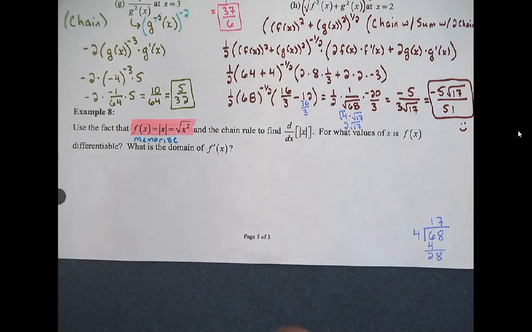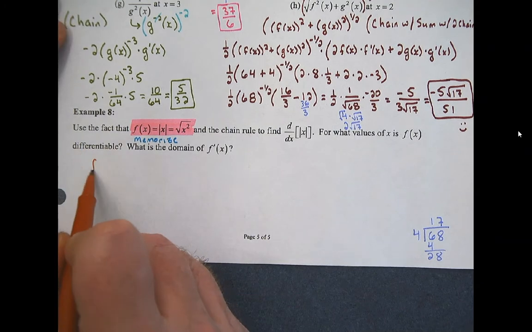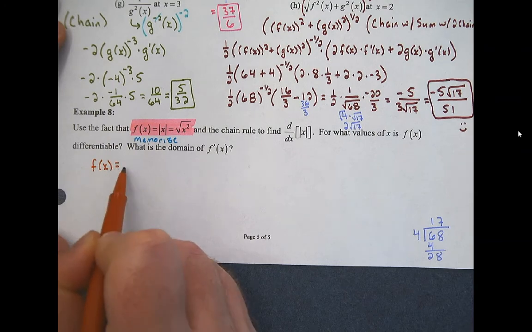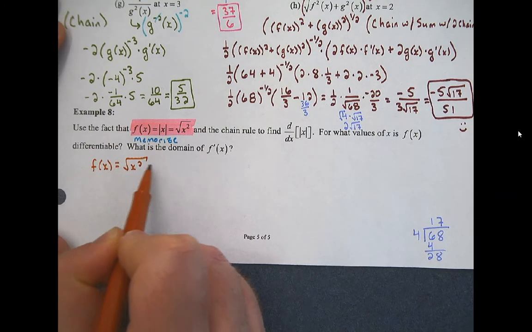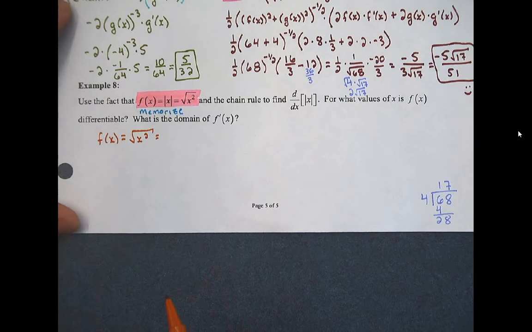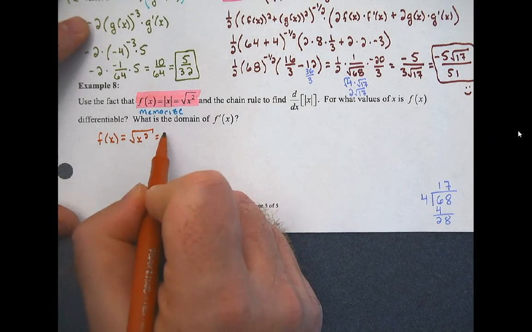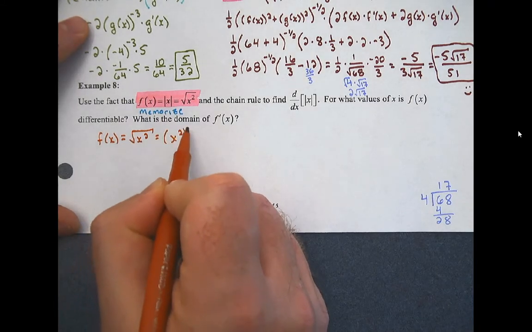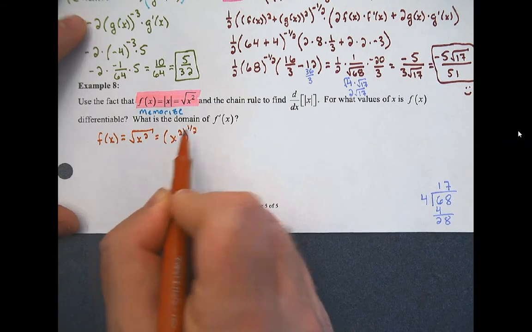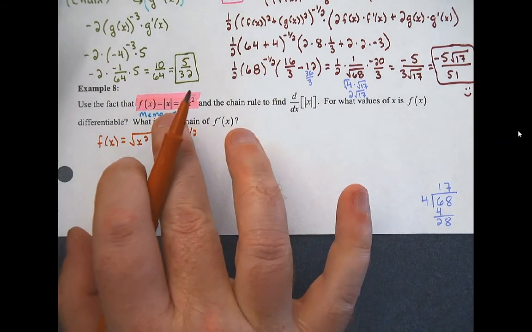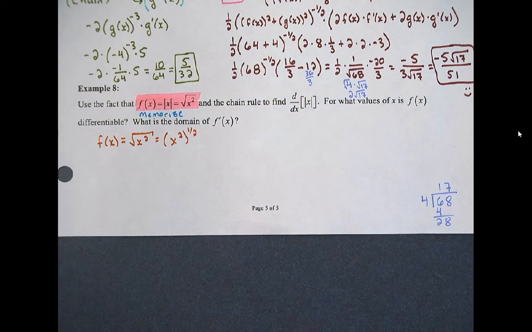So we should derive that. f of x equals the square root of x squared. I want to do a rewrite here, which is equal to, the square root means that to the power of 1/2. Now, if you cancel this out, it ruins the power of being the absolute value. So don't cancel it out there.